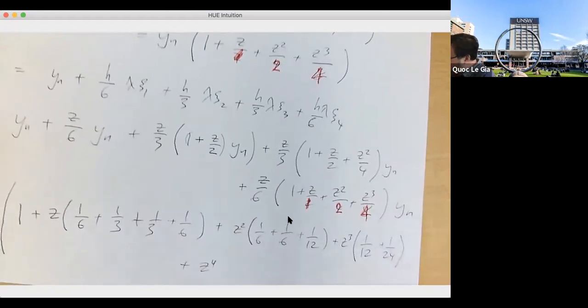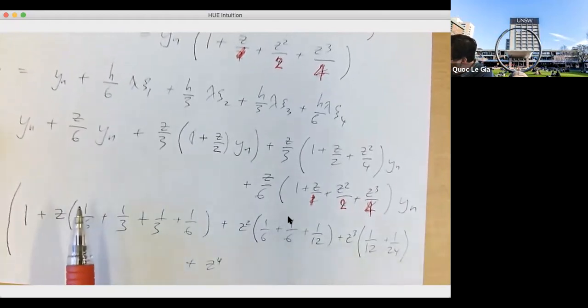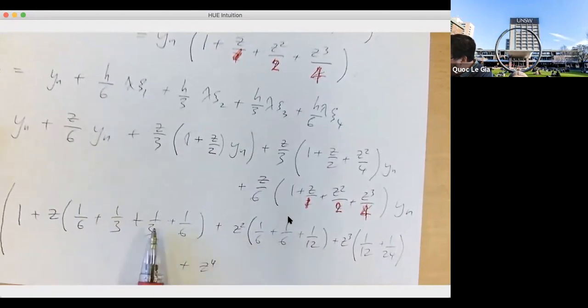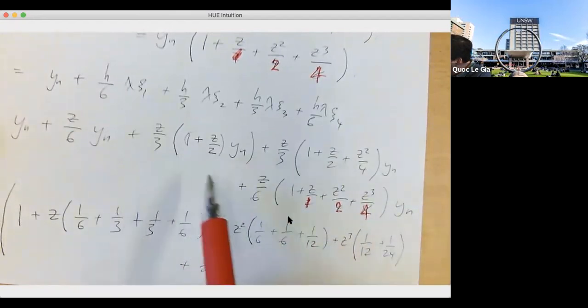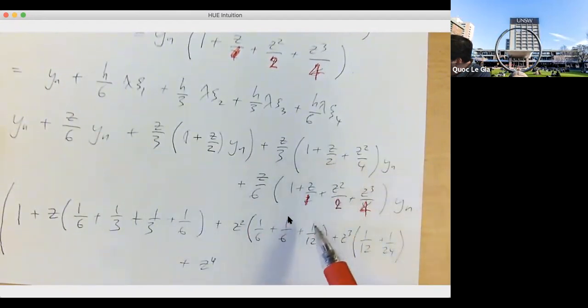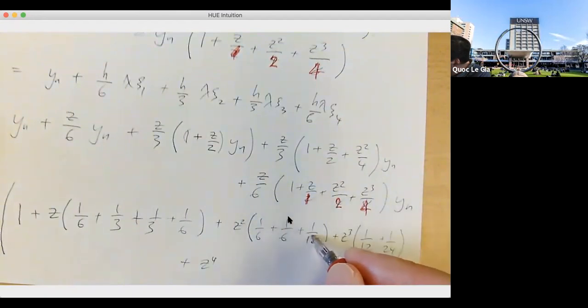And then, so now we have to adjust the last one. So this z is still correct. How about z squared? So z squared, you have the last one. So this one is 1 over 6, 1 over 6, and the last one is 1 over 6.